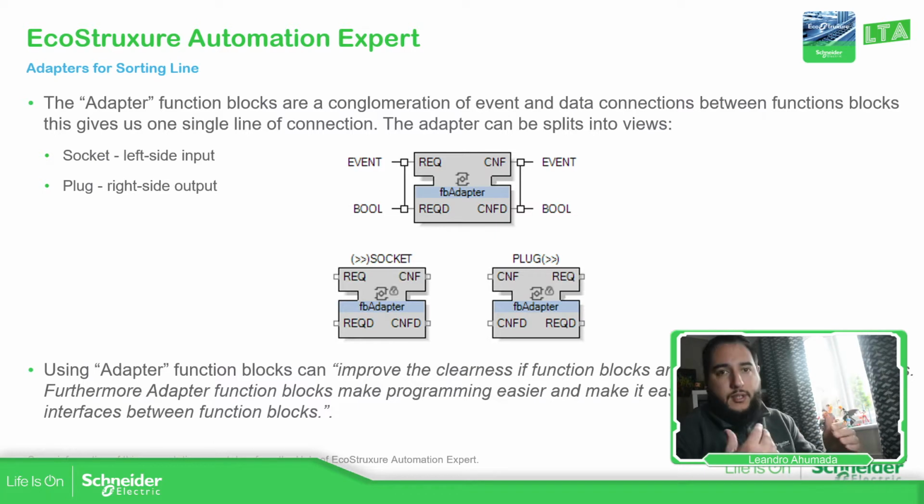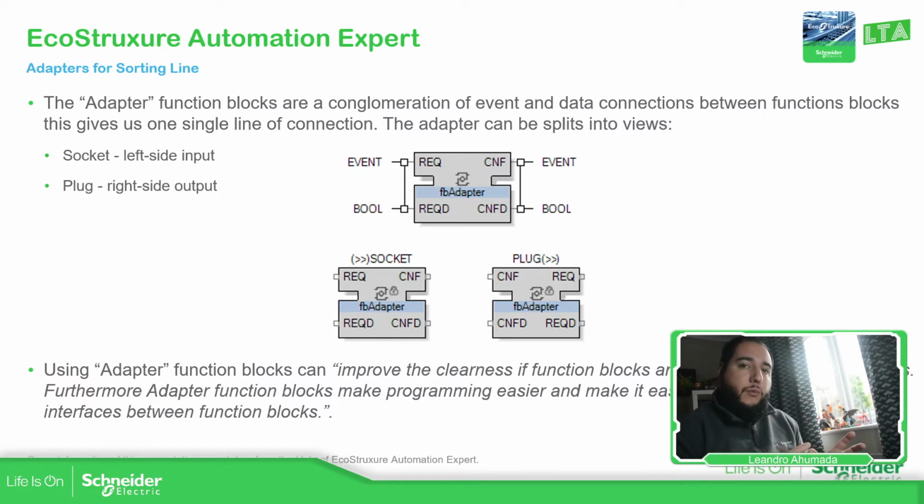Now, if you have too many inputs and outputs in one function block, and you want to reuse it in another one, and another one, you have now 5 of these, and each of these function blocks has 10 inputs and 10 outputs, and you need to wire everything together. Probably it's a little bit confusing to try to follow where everything goes.